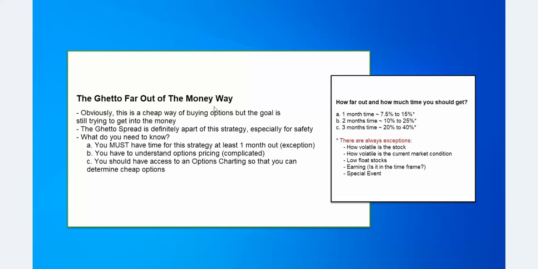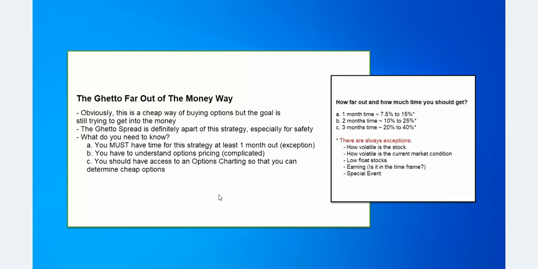But okay, for this strategy, you should know, when you buy a 4-hour option, you want to have some time for it. I usually recommend 1 month, but there are always exceptions, especially depending on the stock and the current volatility of the general market, and the stock itself, and the event and all that stuff also come into play. So 1 month, I would recommend that.